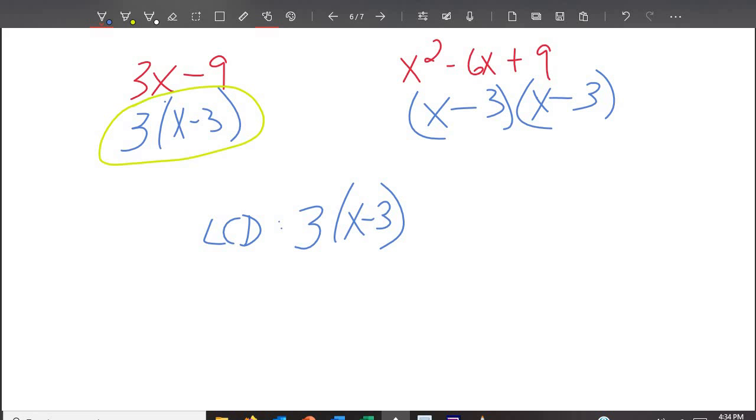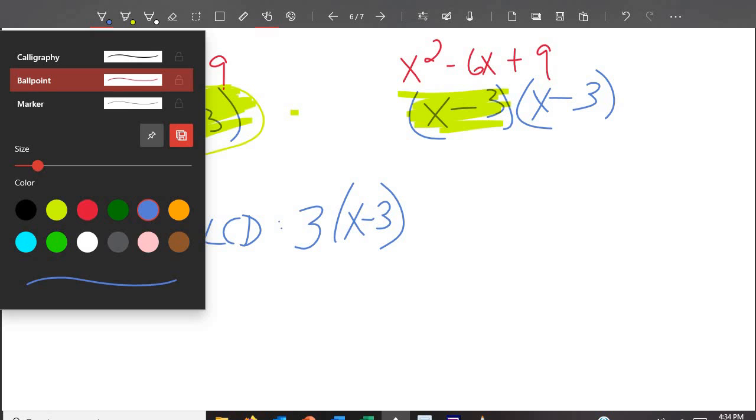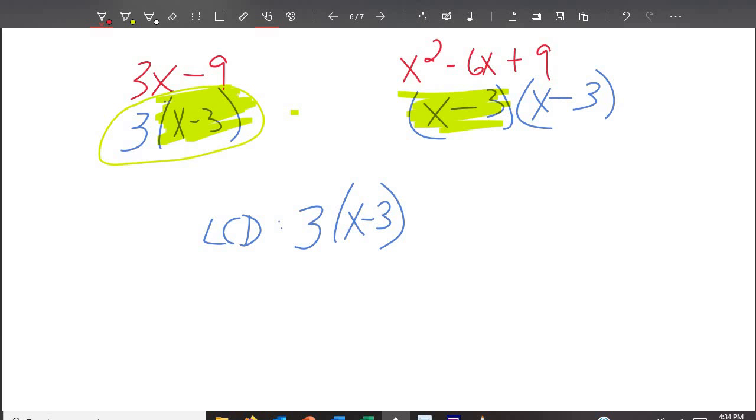The second one, we're going to include anything that it's not already sharing. Again, I'm going to highlight the shared piece. Now notice the second one had 2 x minus 3s. Well, they're only sharing 1 x minus 3. But because there's 2, we have to include the second one. My LCD has to be a combination of both things.